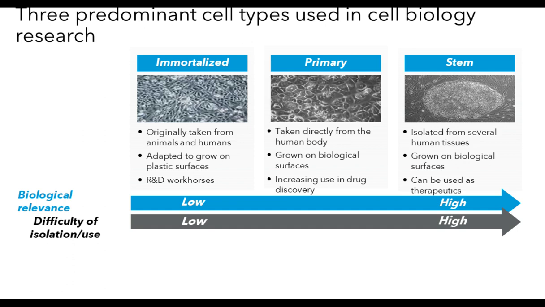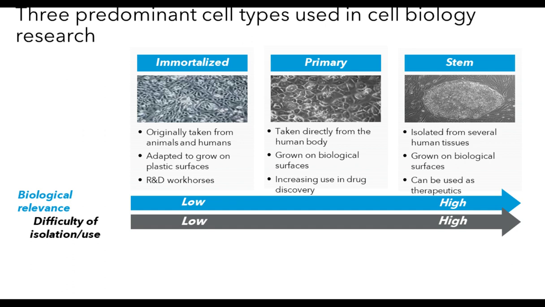And then finally, stem cells have started to become more and more routinely used. The advantage of stem cells is that you can isolate them from several human tissues, you can grow them on biological surfaces, and they don't simply provide optimal disease models, but they can themselves be used as therapeutics.